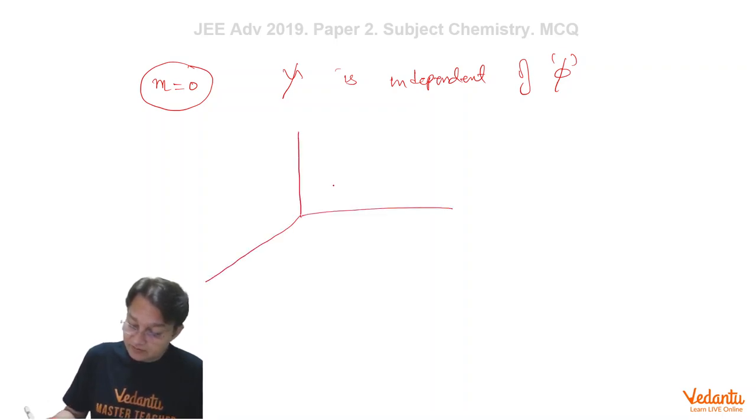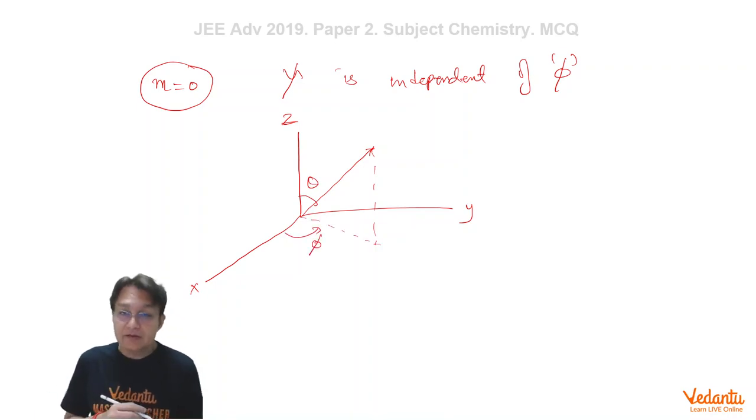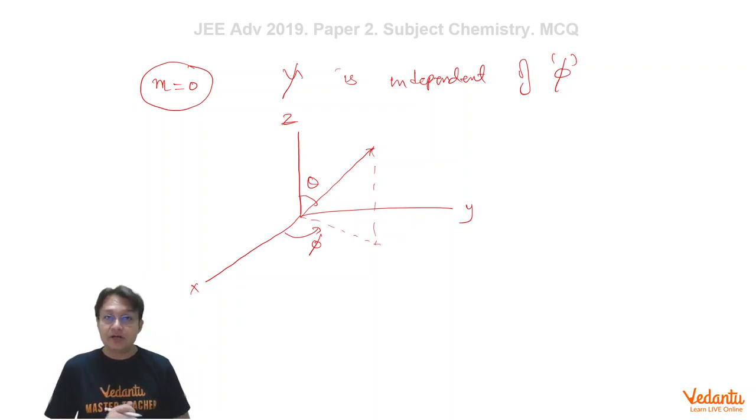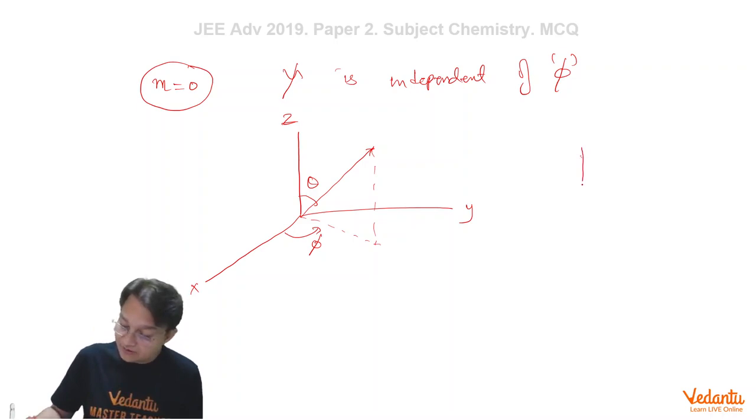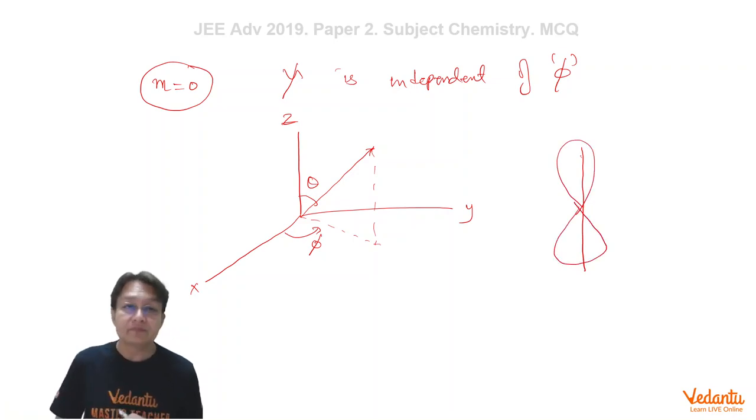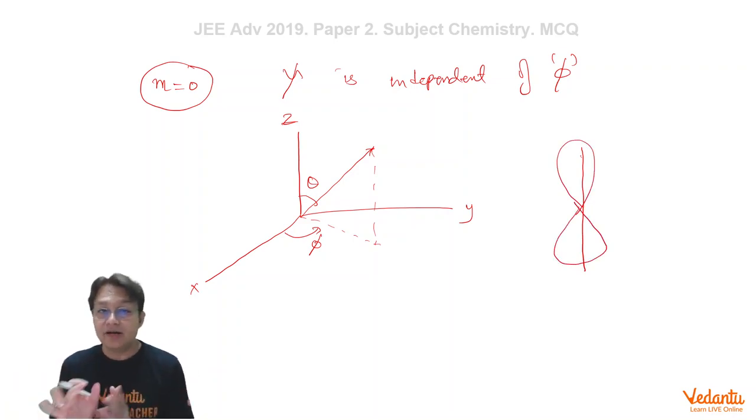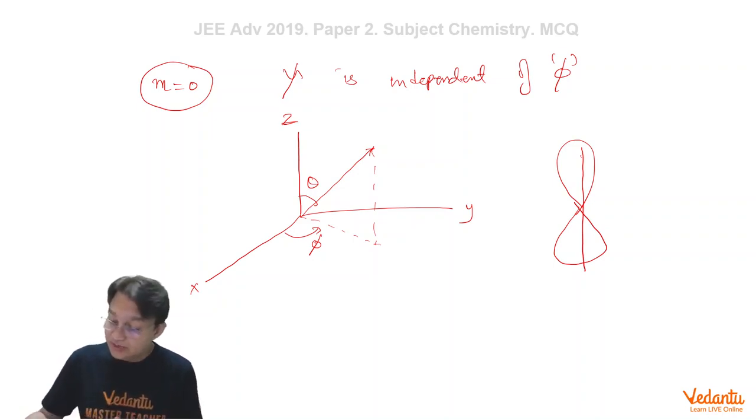Because this is the situation: if this is the x-axis, this is the y-axis, this is the z-axis, this angle is theta, and the projection of this is called phi. So being independent of phi means the orbital must belong to the z-axis. For example, the dz square orbital is independent of phi, because you can look from whatever phi, the value is the same. So it must be the 4dz square orbital.